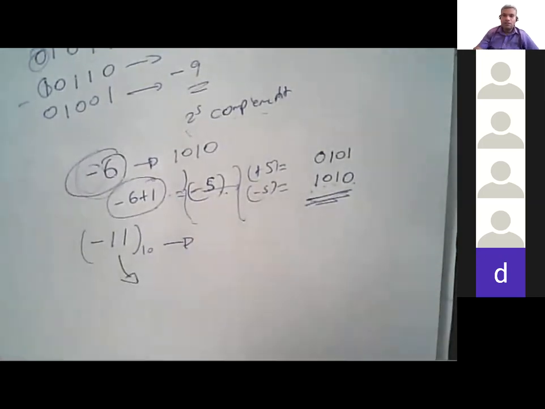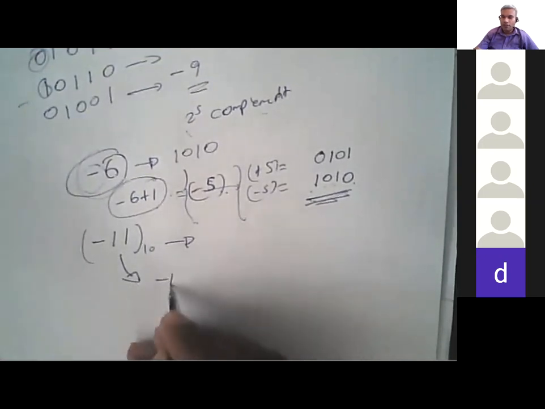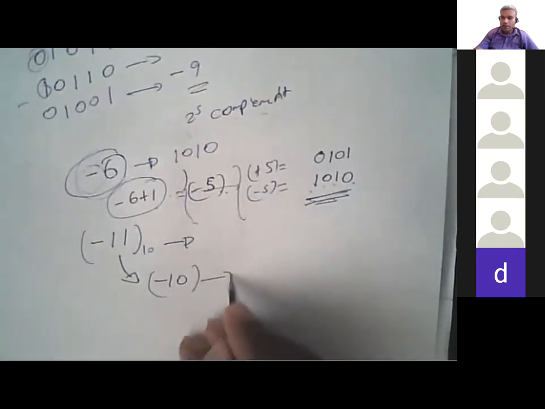So minus 11, first we need to add 1 to this minus 11, so it becomes minus 10. Now what is the 1's complement of minus 10?